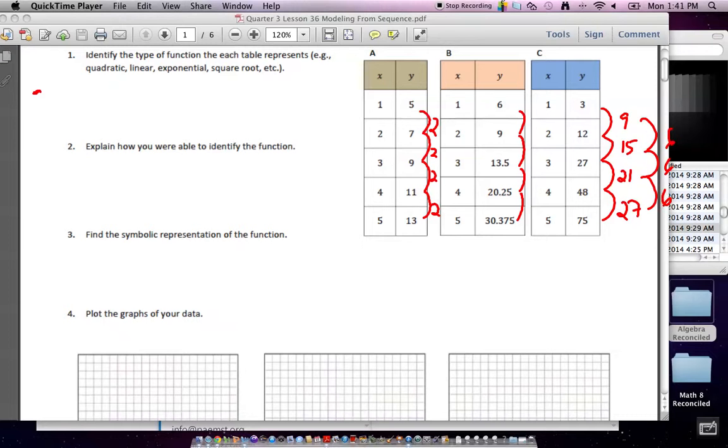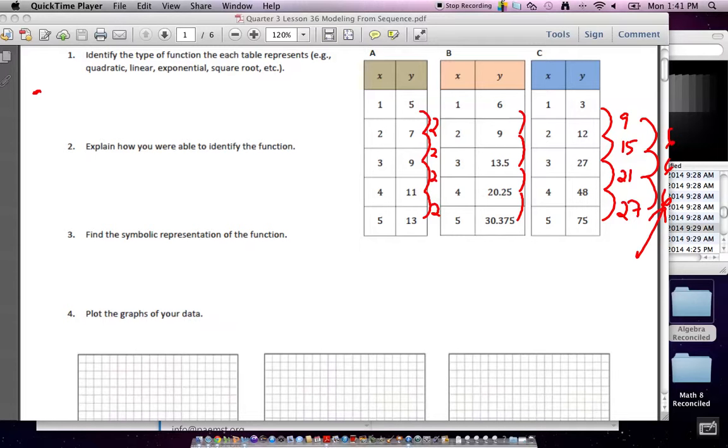When the second difference is constant, it's a quadratic. When the second difference is a constant number, whatever that constant number is, it's going to be a quadratic. So this is not an arithmetic sequence, it's not a geometric sequence. It is in fact, in terms of functions, a quadratic function.